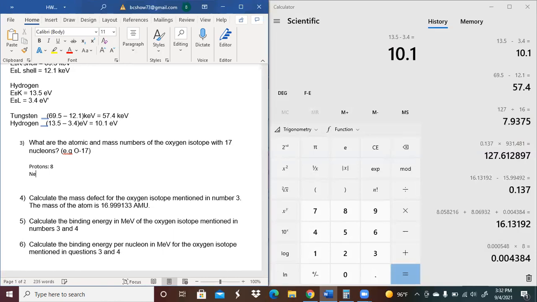Well, we end up with 9 because we take the difference between the 17 total number of nucleons, and since we only have 2 types, protons and neutrons, if we know that oxygen has 8 protons in it, then we subtract that out from the 17, and we end up with 9.